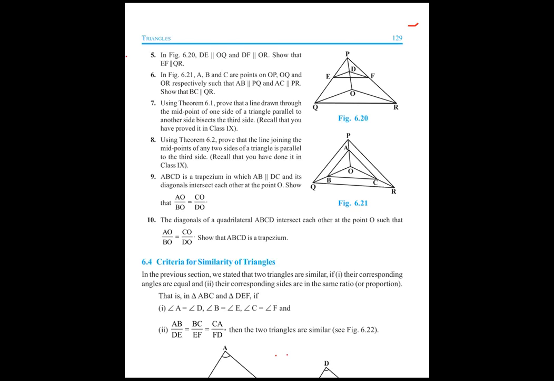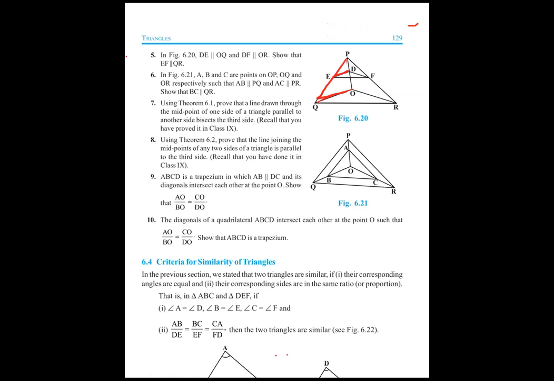Understanding? Okay. So one time I will tell you. DE is parallel to OQ now. That means PE by EQ is equal to PD by DO. And likewise, DF is parallel to OR. We have to write the triangle first, I will identify the triangle.